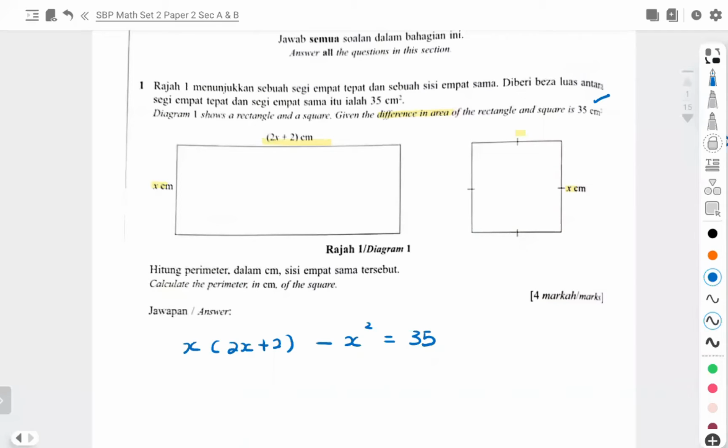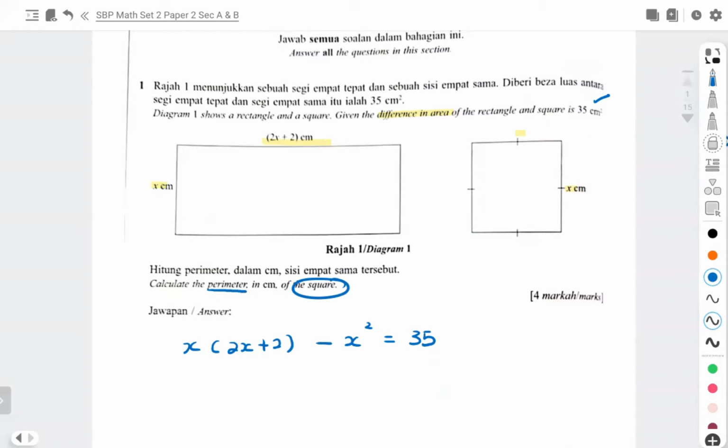This question is under chapter 1, quadratic equation. I believe all of you can solve and get the value of x, but be careful of the question, because it asks for the perimeter in cm of the square only. So you have to find the value of x first, then we can proceed to find the perimeter. A quick one, 1 minute, can you try to solve the value of x before we proceed?